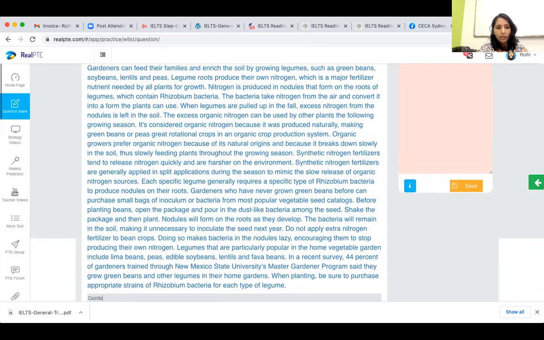So I would say gardeners can feed their families and enrich the soil by growing legumes, such as green beans, soybeans, lentils, and peas.